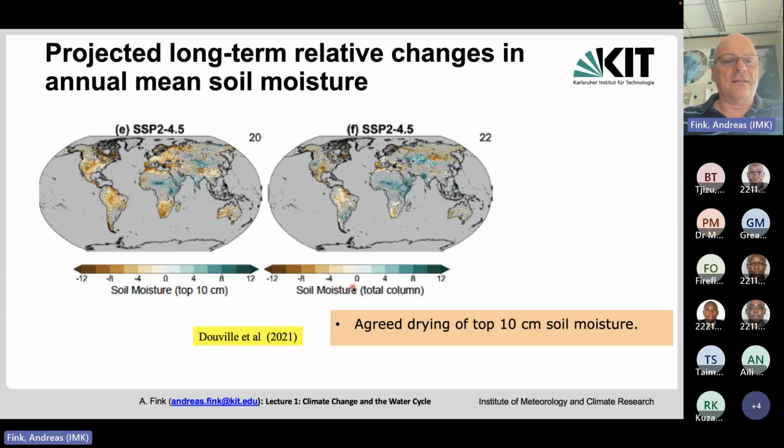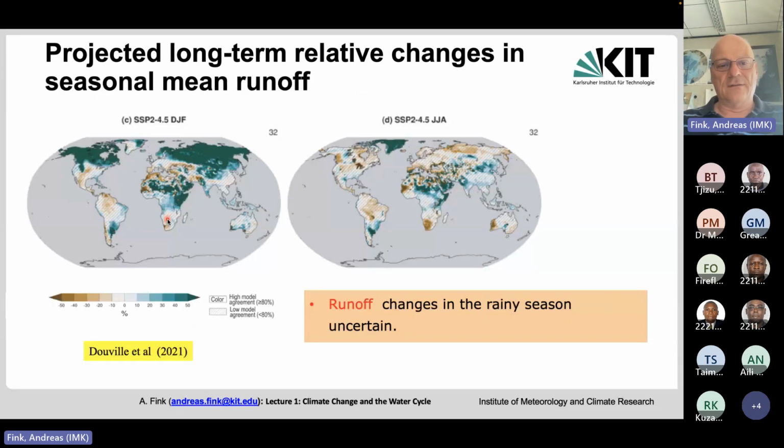And what you see here is that there is a drying trend over the whole year in the top 10 centimeters, with the strongest signal in the southern part. So there is at least a model agreement of the drying of the top centimeters of the soils.